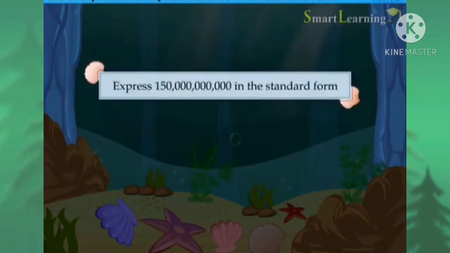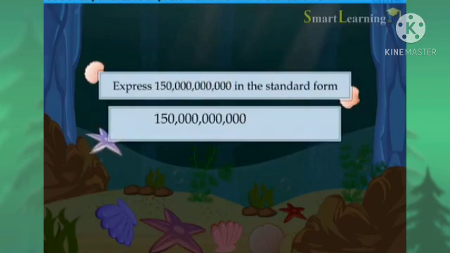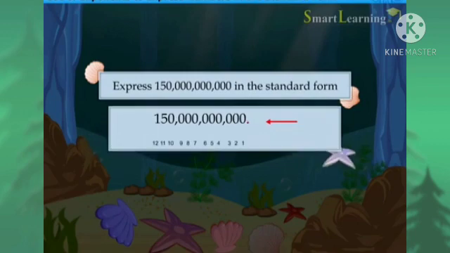So, let us see how to express this number in the standard form. In this number, there is no decimal point shown, means it is an integer. So, we put the decimal point at its right end. Now, the number of digits to the left of the decimal point is 12.